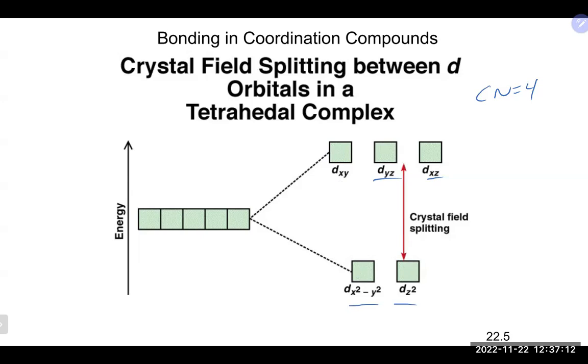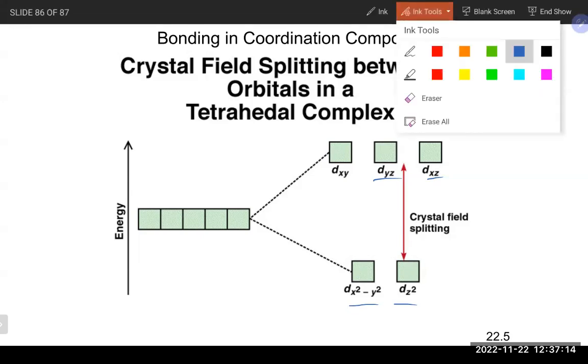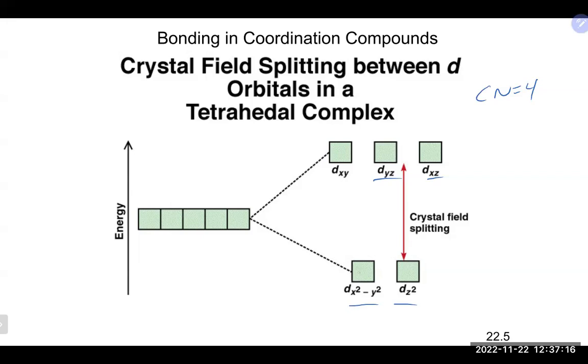And if we had a stronger field, we would then see the pairing off first before it decides to come up and fill up the top ones. So again, it really works the same way as the flip of octahedral splitting, this tetrahedral arrangement. Any questions on that one there?